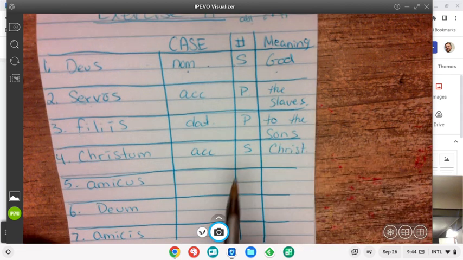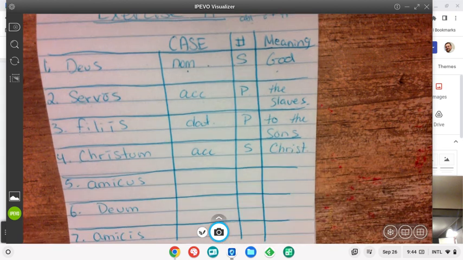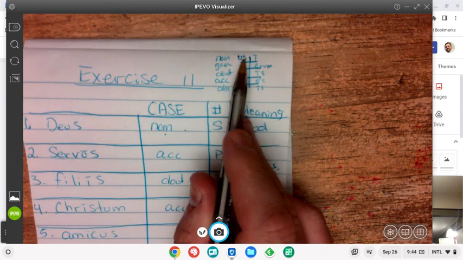And this is the accusative, so that means it's when you verb Christ. So when you praise Christ, or when you see Christ, or when you love Christ. But if Christ were the subject of the sentence, then we would be using Christus. We would be using the nominative.